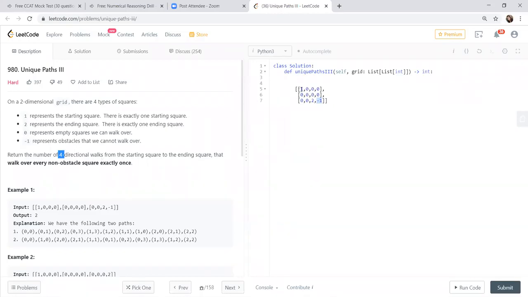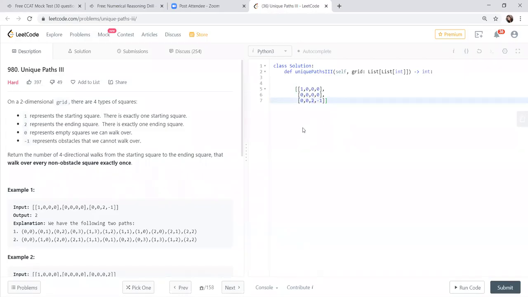Like from here we can go right, down, and if this is our cell, then here we can move up, left, right, down. So we need to give the answer of how we are reaching that particular destination, which is 2.